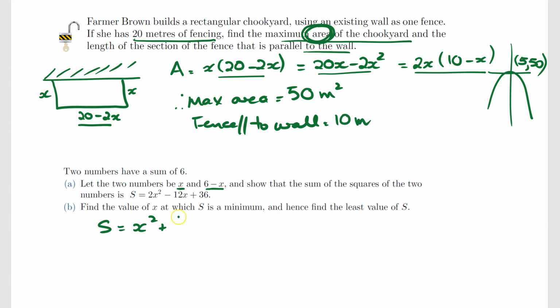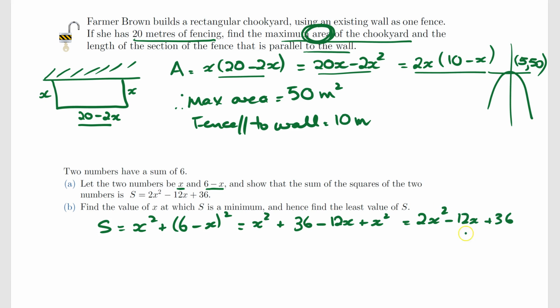We want an x squared and a 6 minus x squared, that's our sum of the squares. We then work on that, so that's x squared plus, and then we've got expansion of a square: the square of the first minus twice their product plus the square of the second. That gives us what we were aiming for, 2x squared minus 12x plus 36.